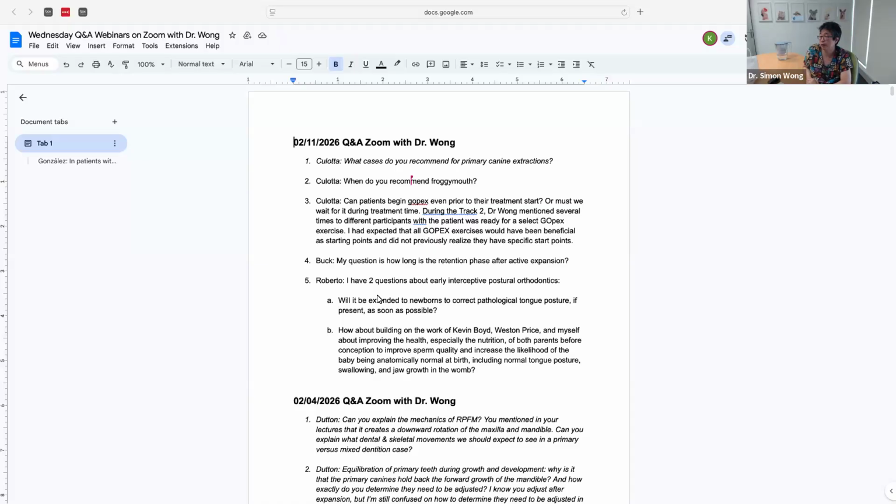After we've completed our structural changes with the stage one appliances, aligned the existing erupted permanent dentition into a nice balanced relationship, when we can have a reasonable bite relationship in AP, when we have adequate space for teeth and the tongue, and we are effectively finished with our structural changes with our appliances, then we use Froggy Mouth to kickstart the GoFX, or the Good Oral Finishing Exercise Program.